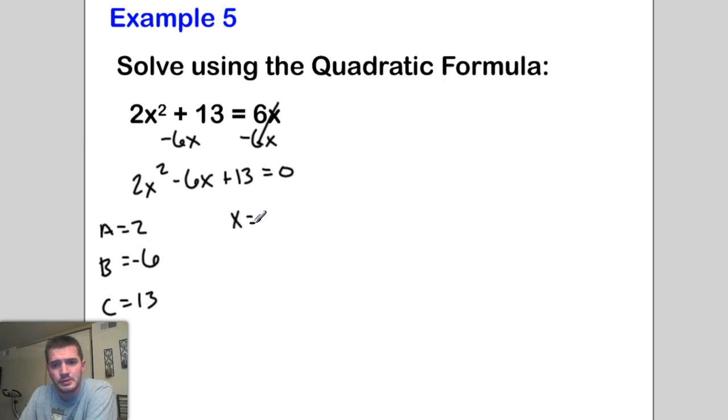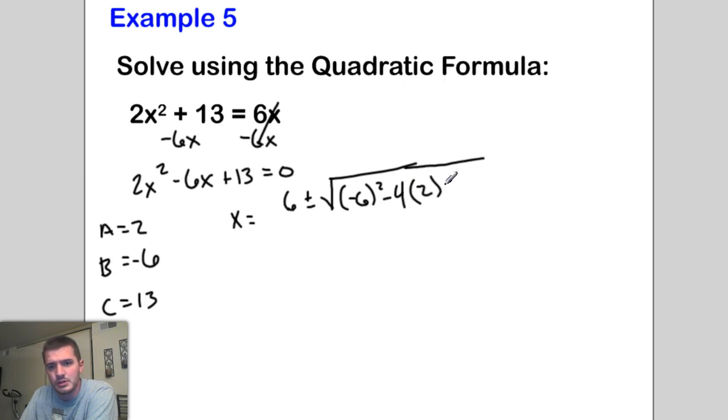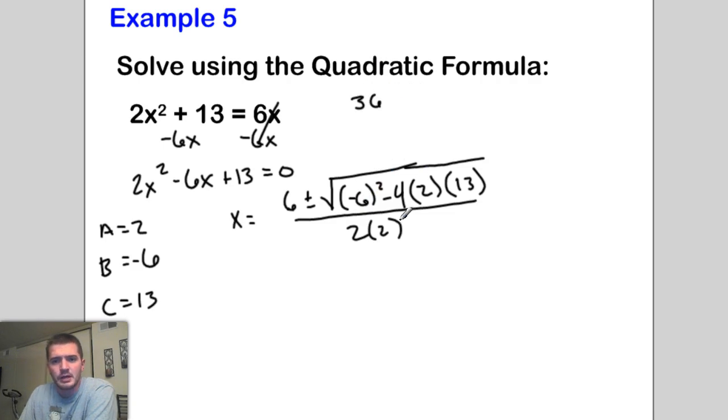So it'll be x equals -6, so +6, plus or minus the square root of -6 squared minus 4 times a, which is 2, times c, which is 13, all over 2 times 2. So let's go ahead and do our scratch work. So again, -6 squared is going to be positive 36.